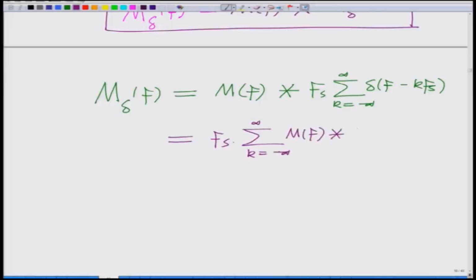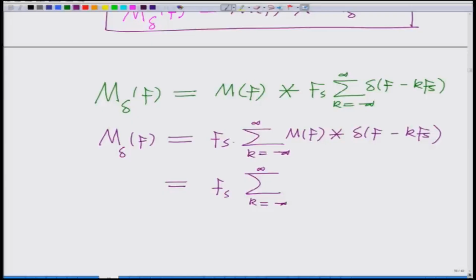This is equal to Fs summation k equal to minus infinity to infinity, M(f) convolved with delta f minus k Fs. Remember, this is nothing but M(f) minus k Fs.